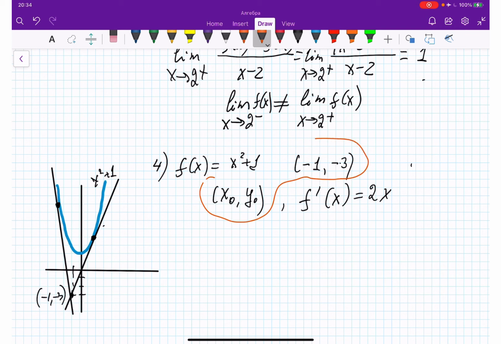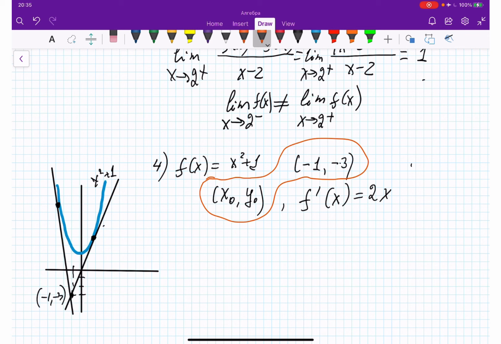One is given, one I'm taking arbitrary, any coordinate on this tangent line.